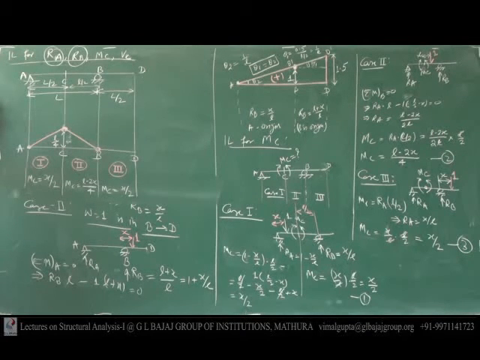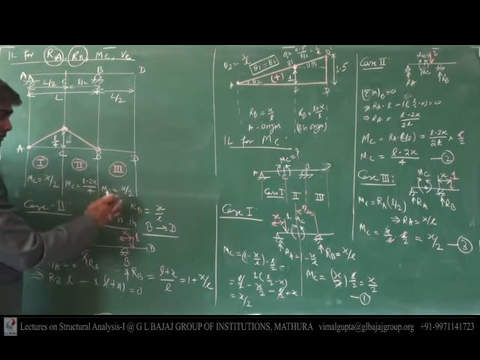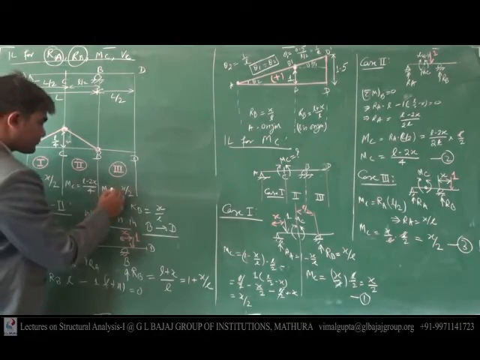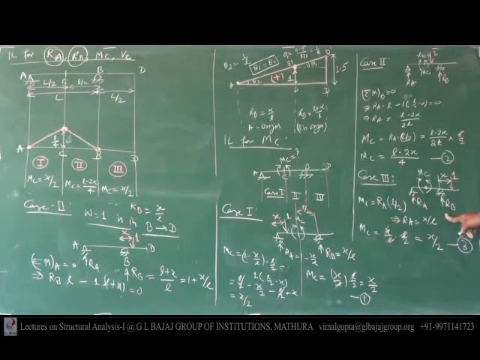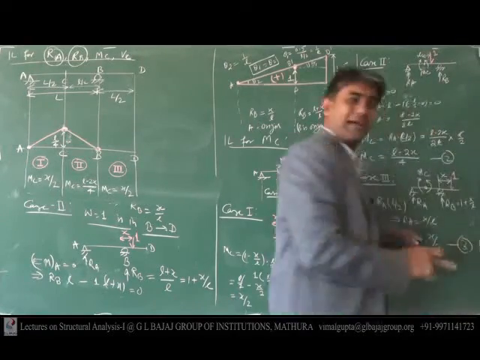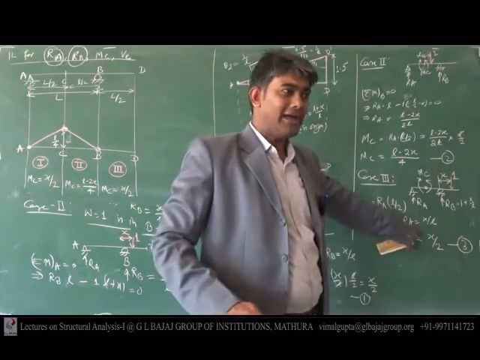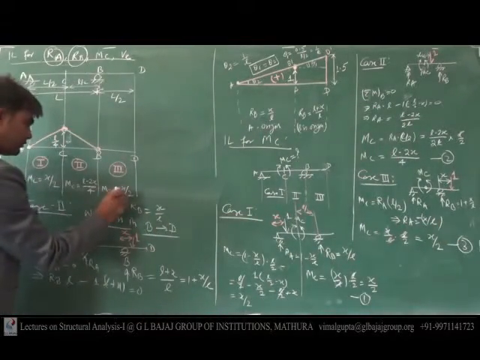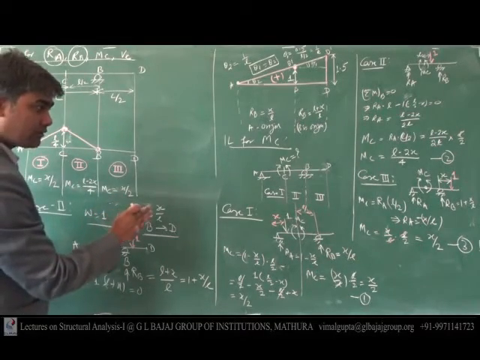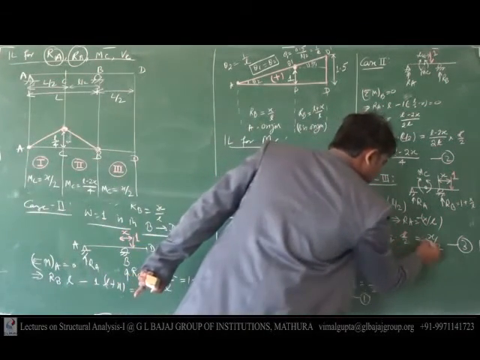Where will the minus come? Where was the minus there? What was the value of RB? 1 plus X by L. Total load is 1. So the RA value will be minus X by L. It will be minus X by L, so the minus sign will be this.